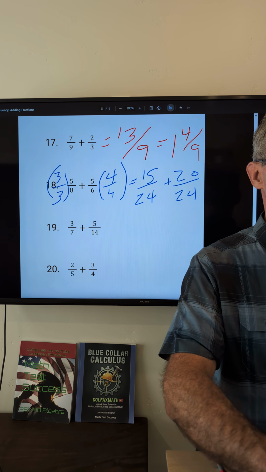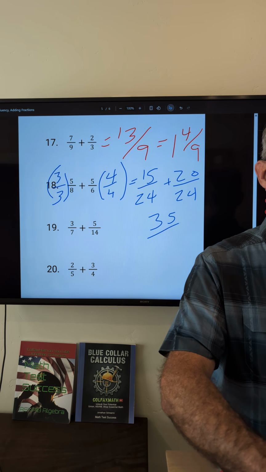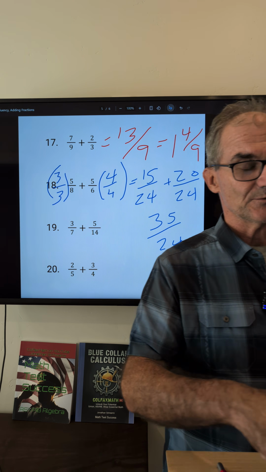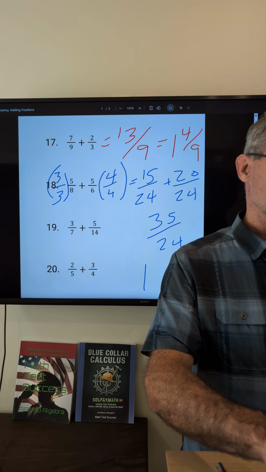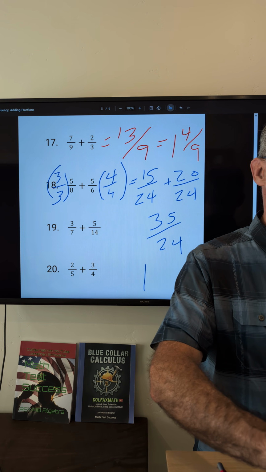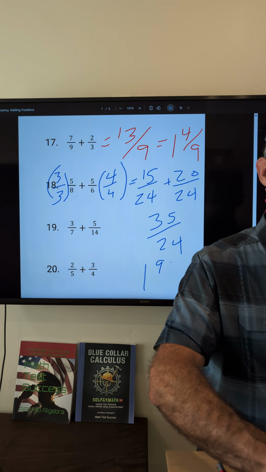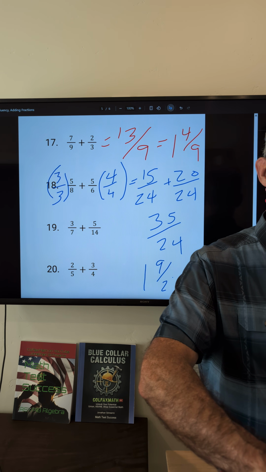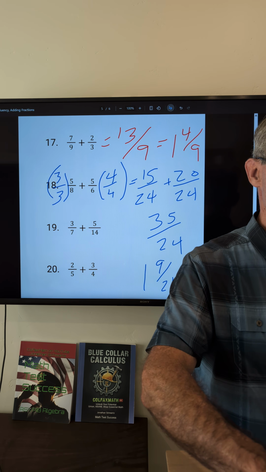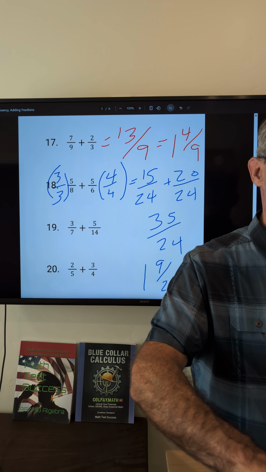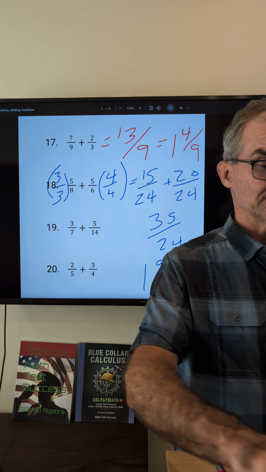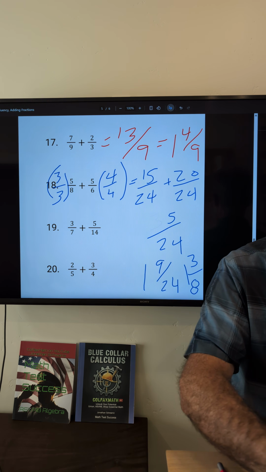It's going to give me 35/24. 24 goes into 35 one time with 11 left over, and then that is going to be 9/24. 3 goes into 9 3 times, and 3 goes into 24 8 times. So I have 1 3/8. Erase that. 1 3/8 is number 18.